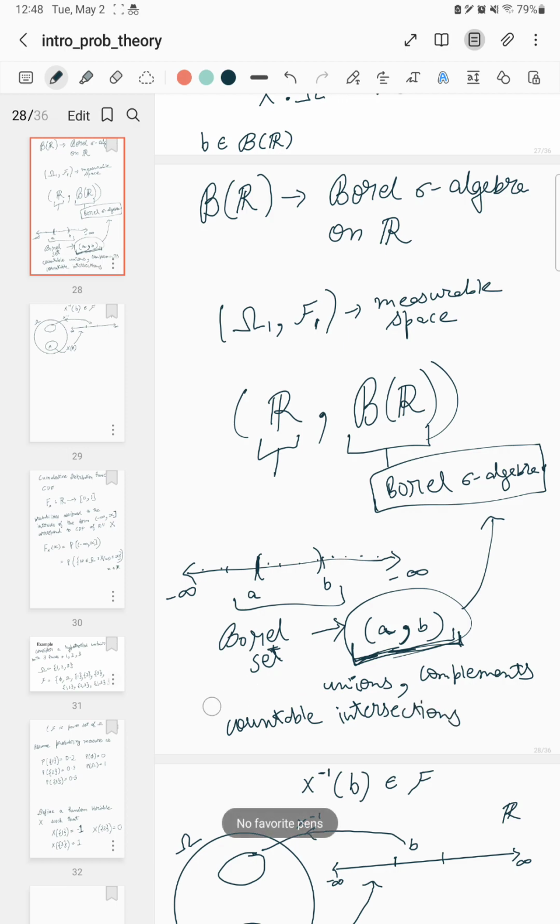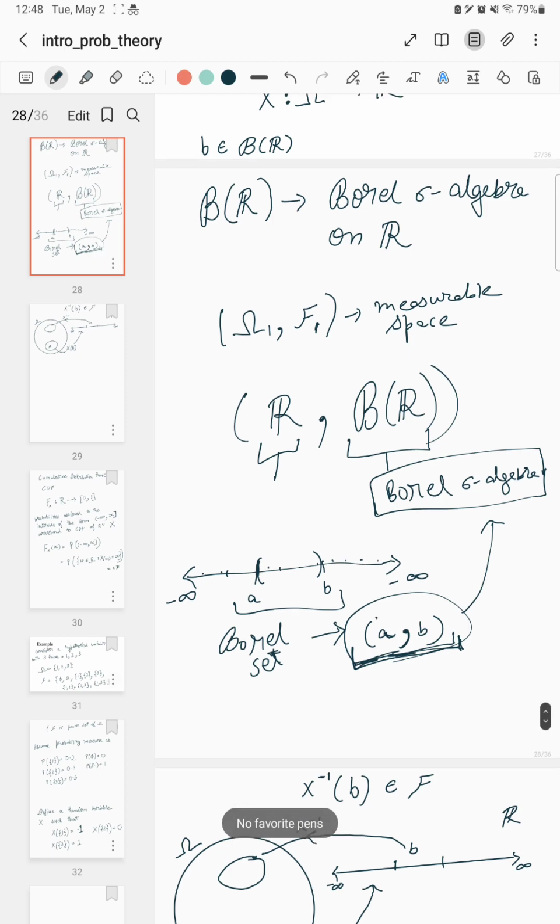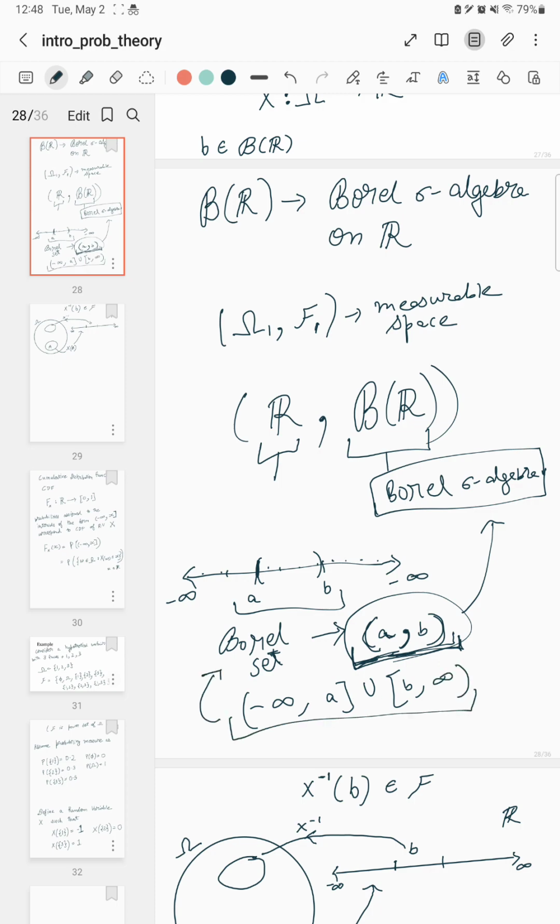which means that the complement of this set, the open interval A to B, which is minus infinity to A union with B to infinity, this set is also a Borel set, because the complement of this set should also be a Borel set.